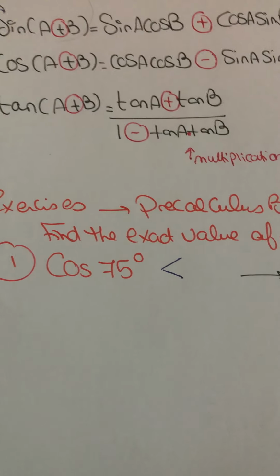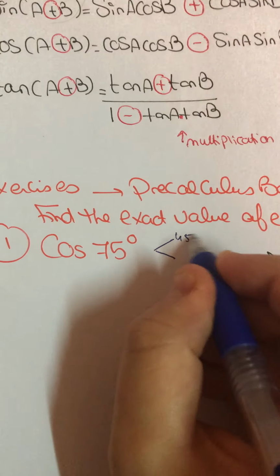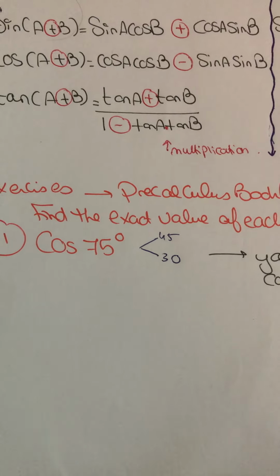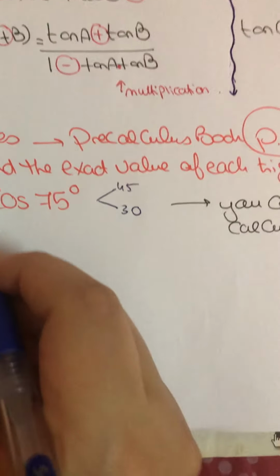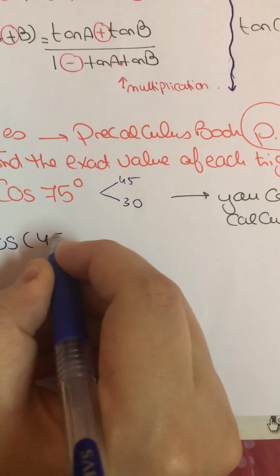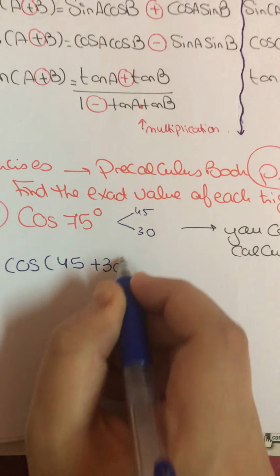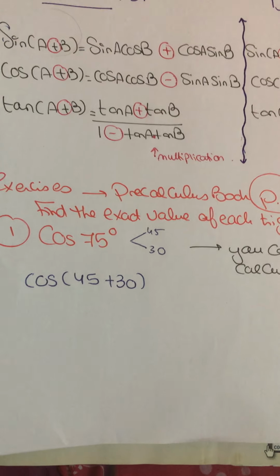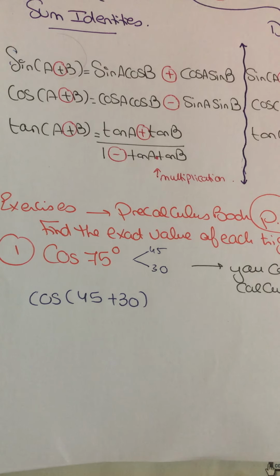I think it's very easy over here to think of 45 and 30 because their sum is 75. So if I change the question to cosine of 45 plus 30, is there any problem? There's no problem, and I can deal with 45 and 30 without a calculator, right?